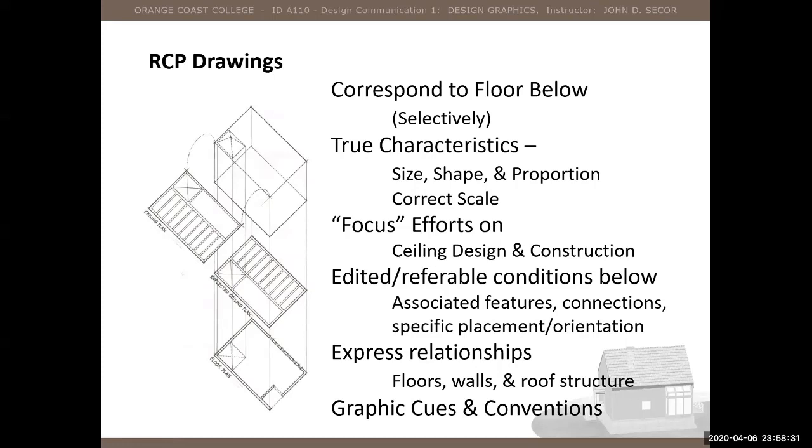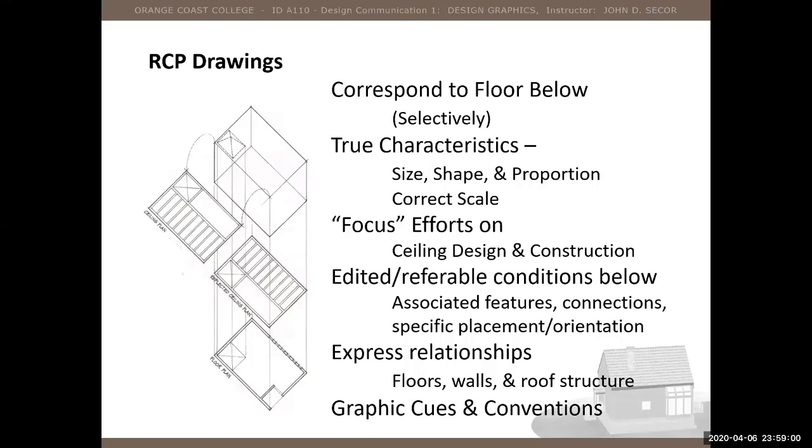So as a result, we want to be thoughtful about how we look at the floor elements below. Sometimes these drawings get so busy that we need to edit out or select certain parts of the plan below to remove from the drawing so as to not add that much clutter and confusion for the viewer.